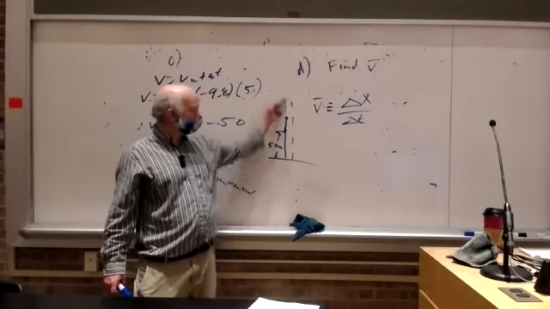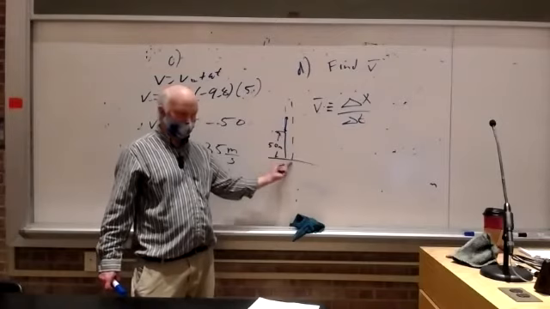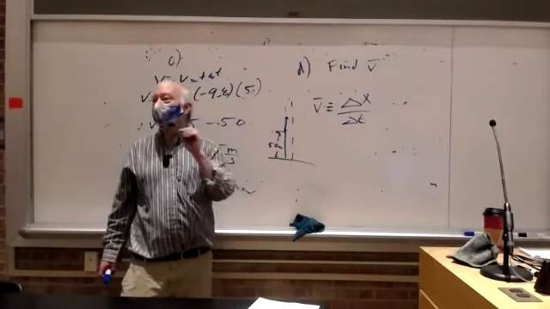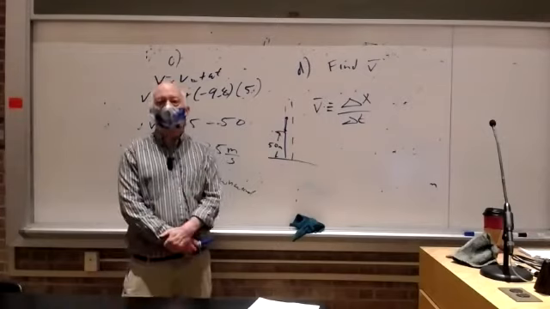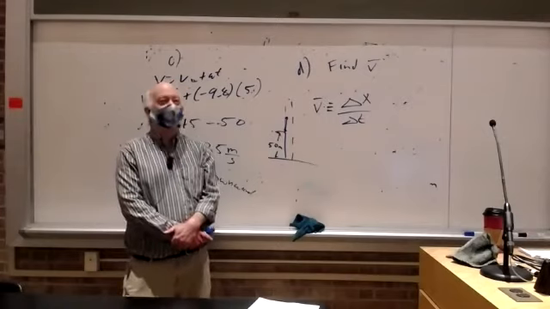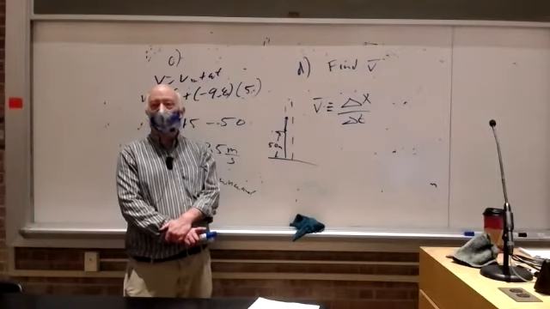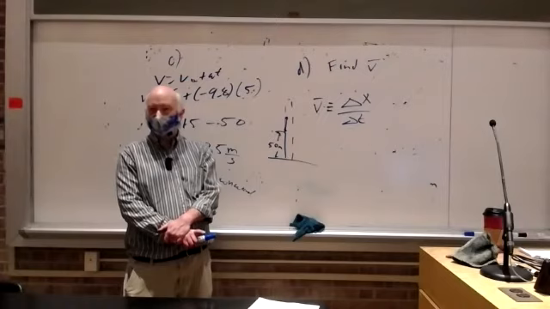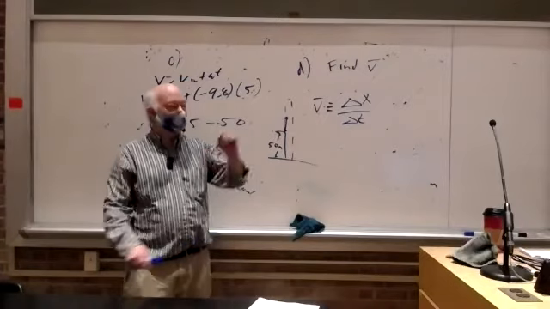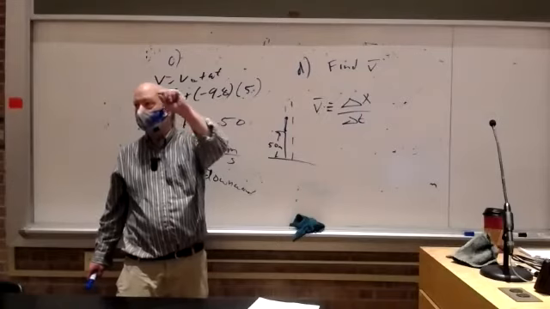This part here and this part here, that's not going to matter. It starts here, it ends here. What is the change in distance there? Is it positive 50 or negative 50? Why is it negative? How do you always do a change? Final minus initial.